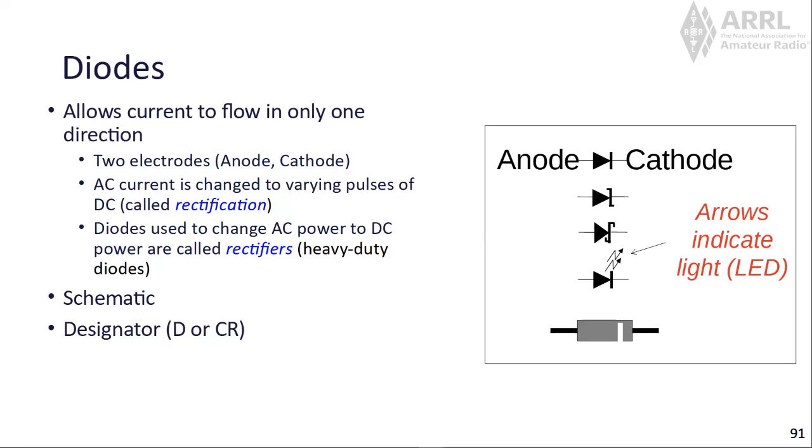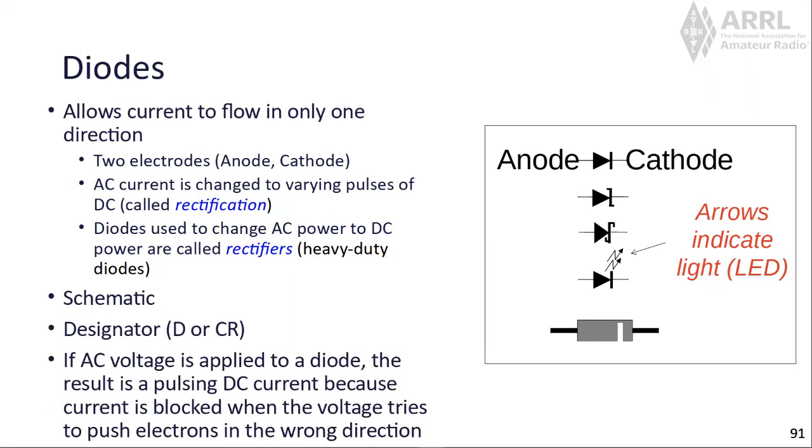Okay, designator, when you see it in a schematic circuit, typically would be a capital D, like D1 or D2, as you list the different diodes in the circuit. Or CR is sometimes used, but that's going out of favor over time. All right, next.